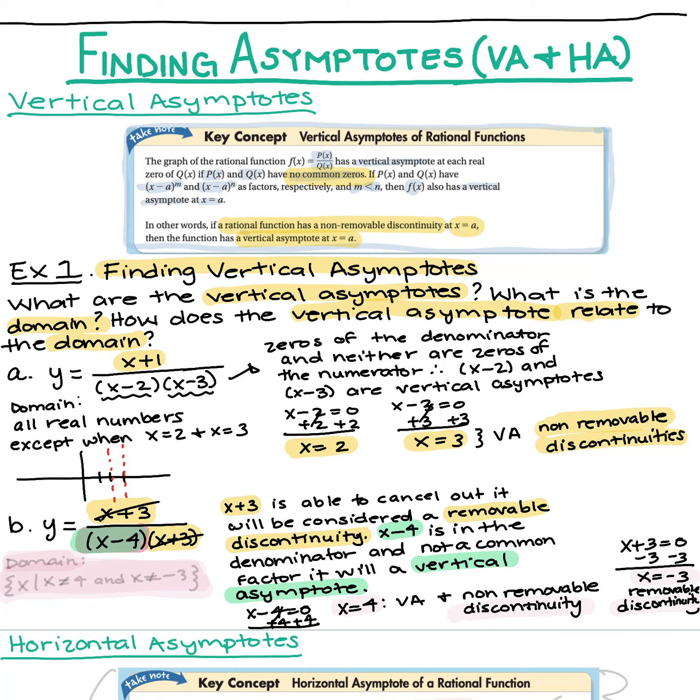So therefore, my domain is going to be all x values such that x cannot equal 4 and x cannot equal -3. Now, why am I still considering the -3 here? Why am I mentioning this -3 at all? Because it's still a discontinuity, right?